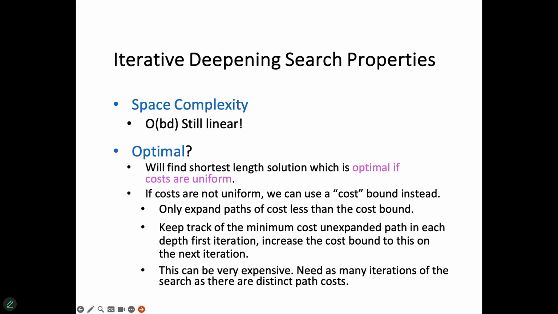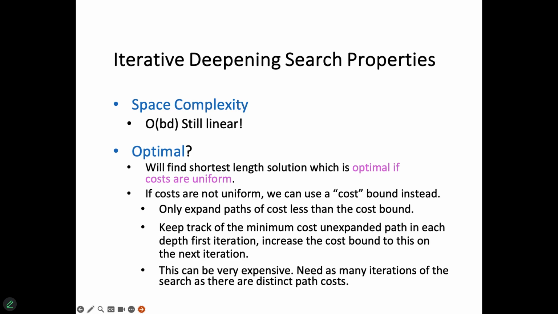About the space complexity, the reason that you see big O of B D is because B is your maximum number of children, right? And then D is your depth of the solution.